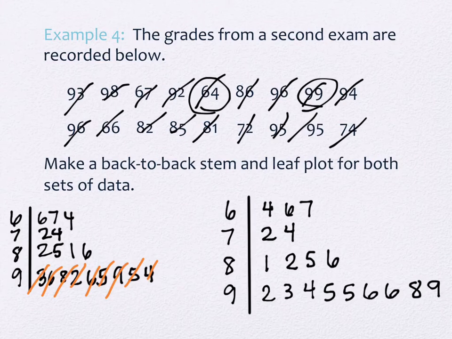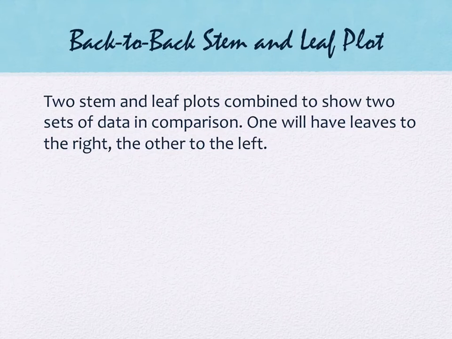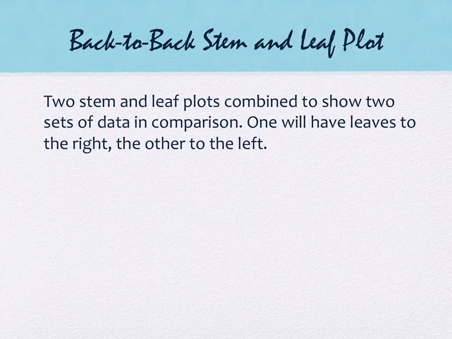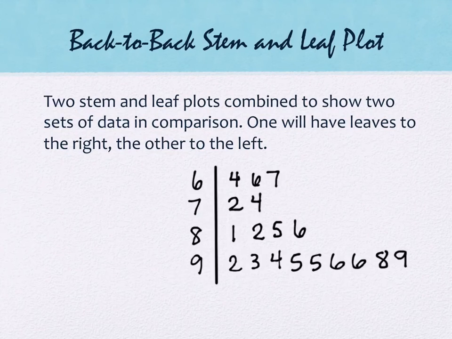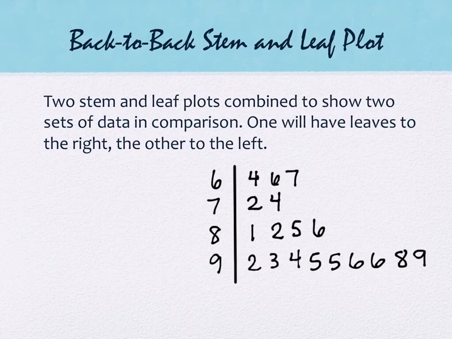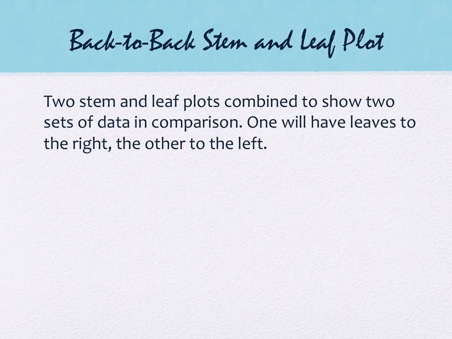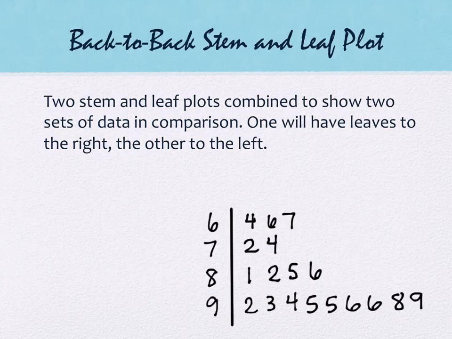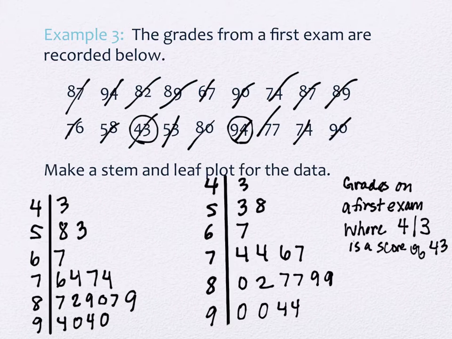Now what I'm going to do is take this stem and leaf plot, which is incomplete at best because I don't have a title, but I'm not really trying to do that. I'm trying to create this back-to-back stem and leaf plot. I'm going to go back a screen because I have some space there. This is my second test, so I want it on the right-hand side because it came second, so it's sort of chronologically drawn. I also want to have space at the top to put in the rows for the 4s and the 5s, because over here I do have a 4 and a 5 in my stems column, and I need that here.